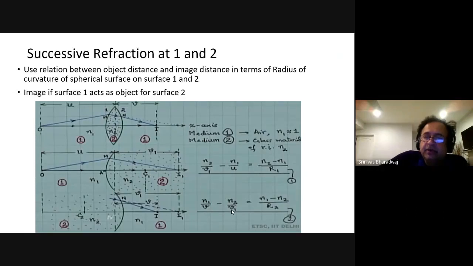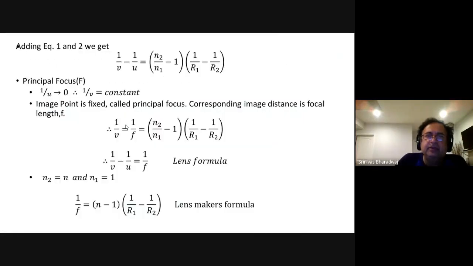Combining these two equations with respect to u and v, you end up with this formula: 1 by v minus 1 by u equals (n2 by n1 minus 1) times (1 by R1 minus 1 by R2).